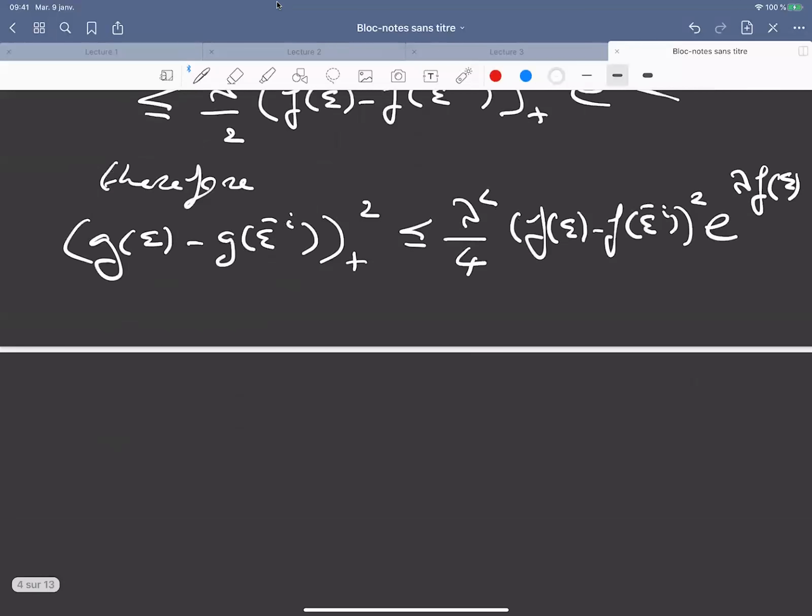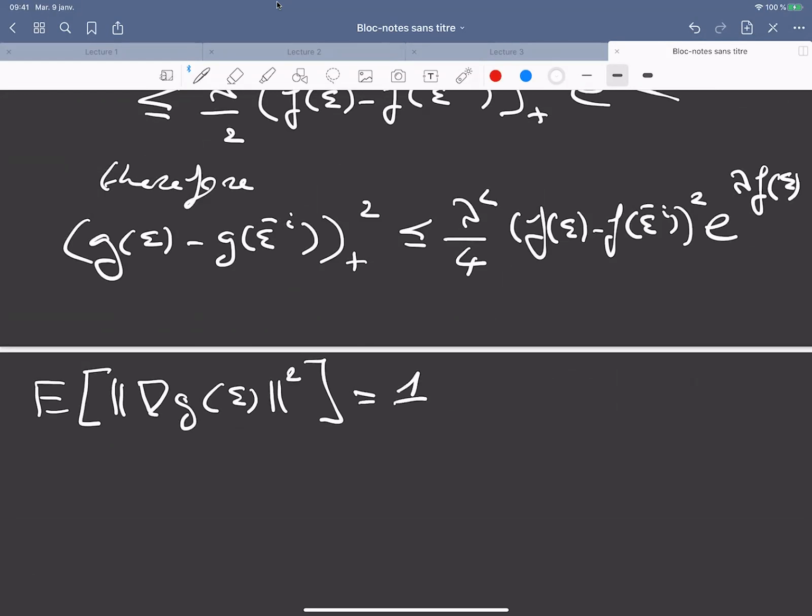So now, when we compute the expectation of the gradient, the discrete gradient, square norm of it, we get that by definition, this is equal to 1/4 the expectation of the sum of J of epsilon minus J of epsilon bar I squared.